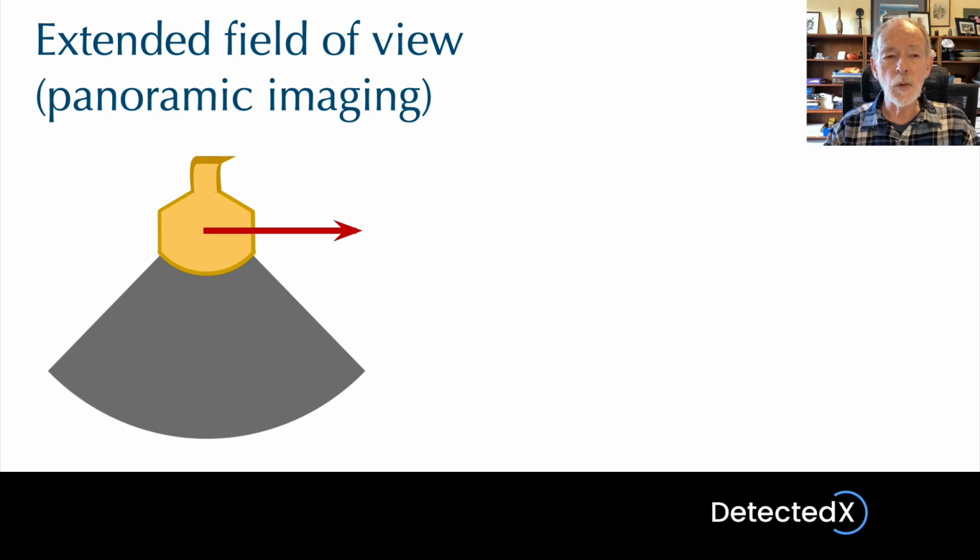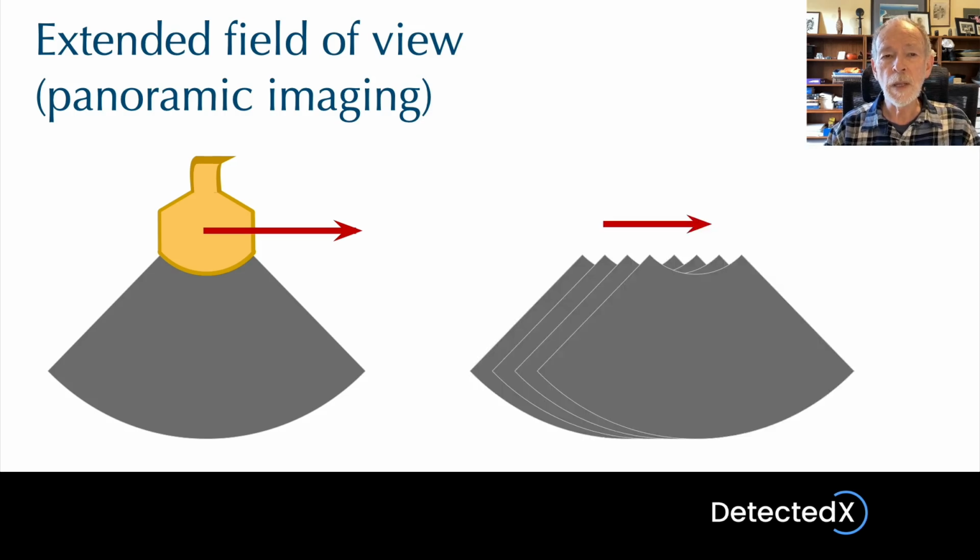So if you are scanning a particular region, you activate this particular mode of operation, and then you slide the probe carefully along the patient's skin surface, being careful to maintain the same scan plane consistently. You will then be acquiring a series of overlapping images. The machine analyzes these images to see exactly how they line up with one another, and it stitches them together to produce a larger extended image.